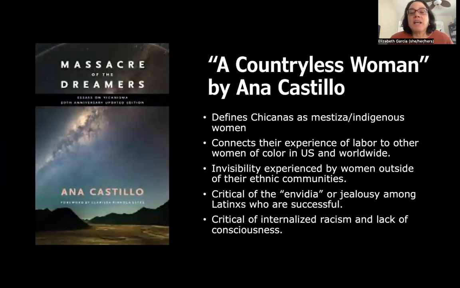The second reading by Ana Castillo, A Countryless Woman, gives us an example of how Chicana writers in particular have been trying to develop their own framework, their own paradigms, their own definitions of how to think about the unique experiences of Latinas and Chicanas, but also in relationship to feminism. And so she in particular defines Chicanas as mestizas or indigenous women.